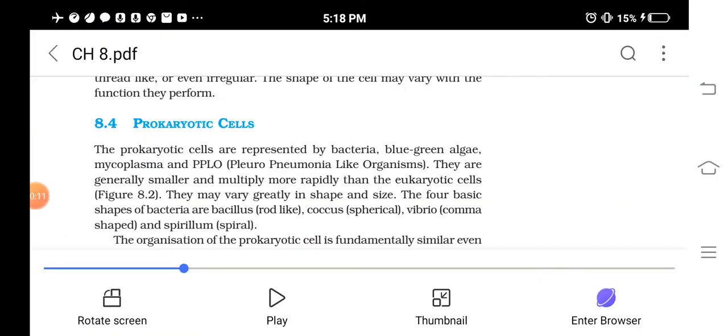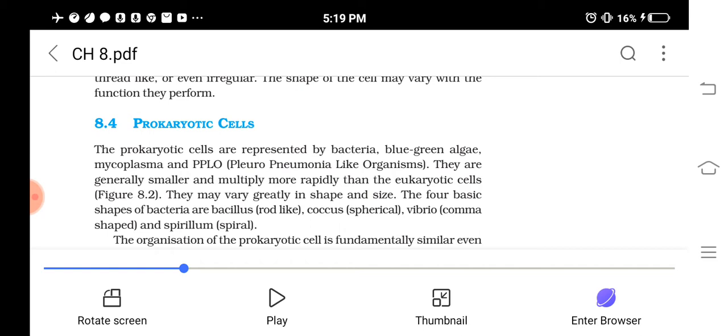We have already studied the cell theory and the overall view of a cell, and I told you there are prokaryotic cells, eukaryotic cells, animal cells, and plant cells. Likewise there are different types, and if you see the basic structure of all of these, it is almost the same.